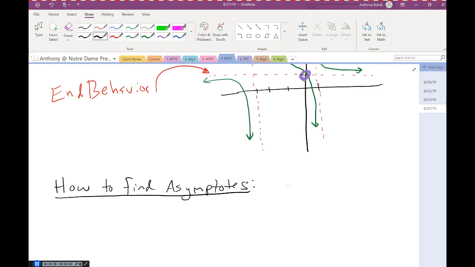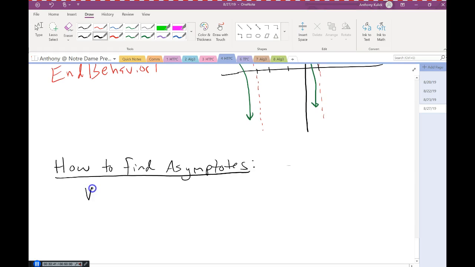Anybody remember how we could do that, or how we do that? Keely? Okay, so you first want to start by factoring. Okay, and then what?